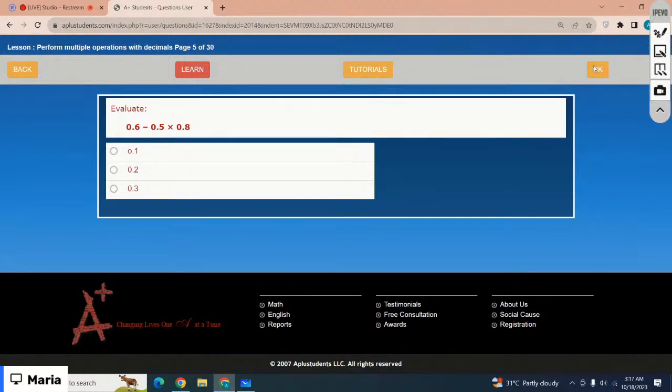So here multiplication has the higher priority, right? So let's just multiply them. 0.8 times 0.5 is 0.4, and 0.6 take away 0.4 is 0.2. The correct option is 0.2.